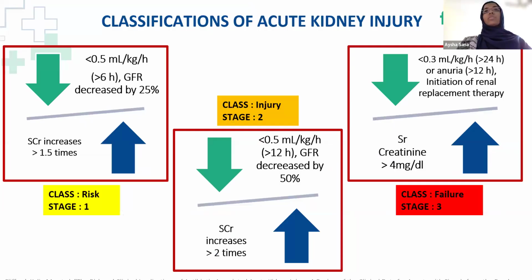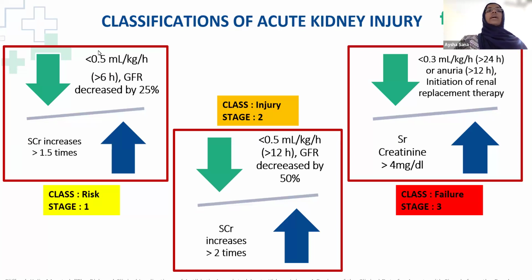Okay. Now we also have to understand the classification of acute kidney injury based on the urine output and the creatinine value. The first class is stage 1, or patients who are at increased risk of renal injury.